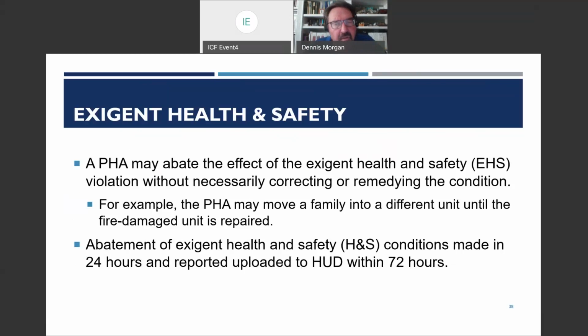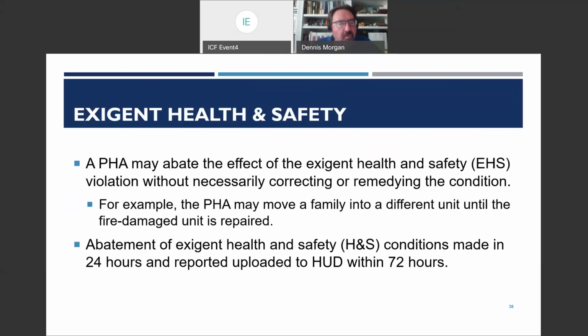When you're doing the inspection, the inspector is going to issue an exigent health and safety report at the end of the inspection on those particular units of the AMP. And so you want to sign for it. But also, if there are problems on that particular report, these are LTs, these are life-threatening, and they must be repaired within 24 hours.